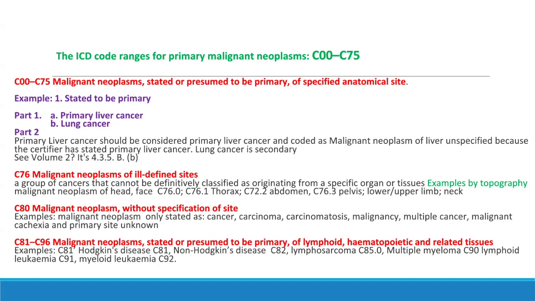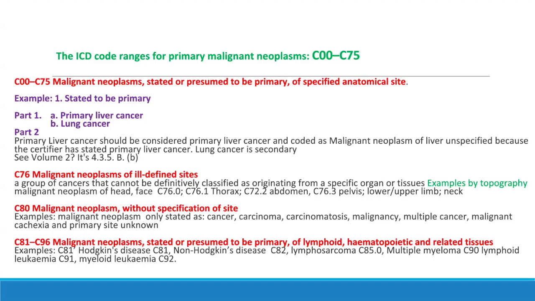The neoplasm is located to a specific anatomical site. Code C76 is assigned to malignant neoplasms of ill-defined sites, which are cancers that cannot be definitively identified as originating from a particular organ or tissue.